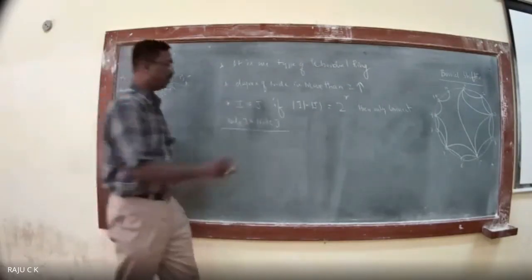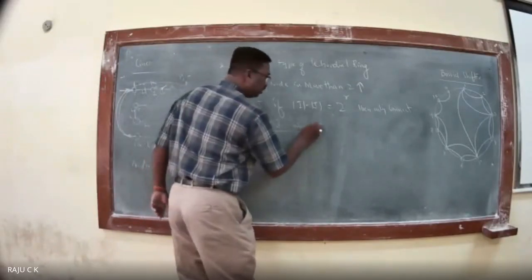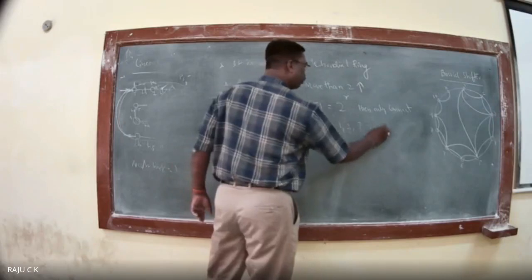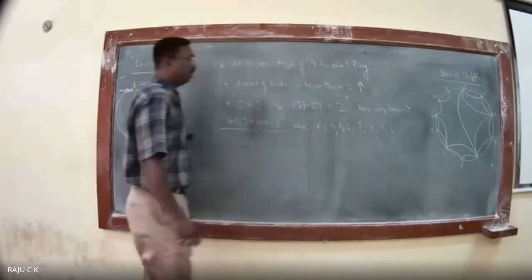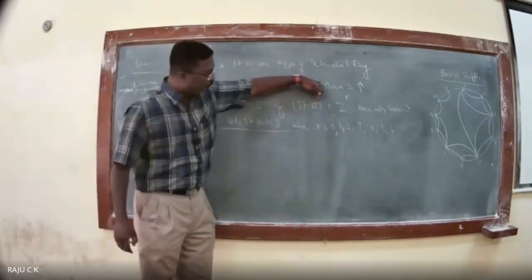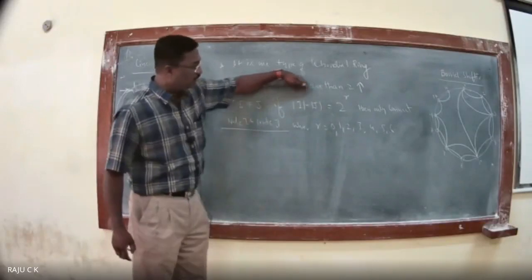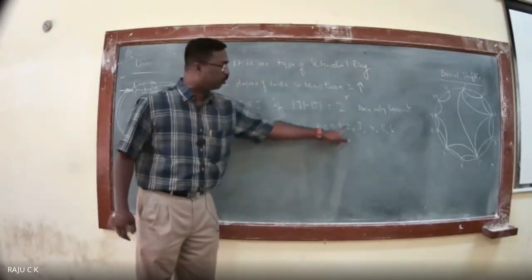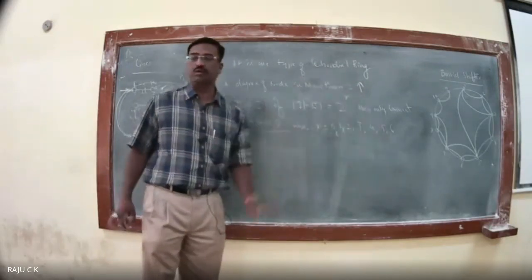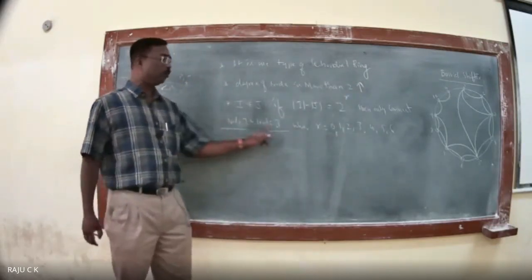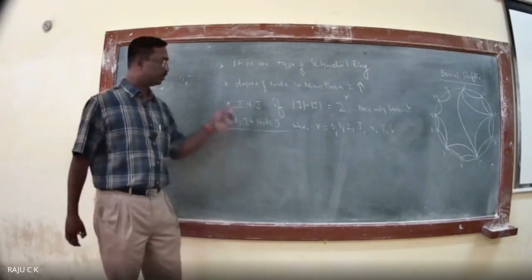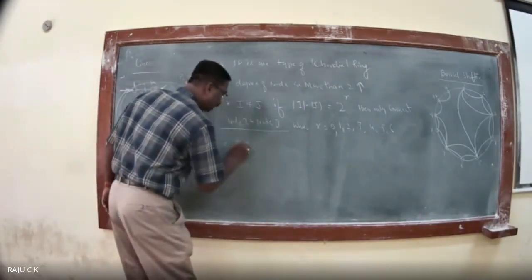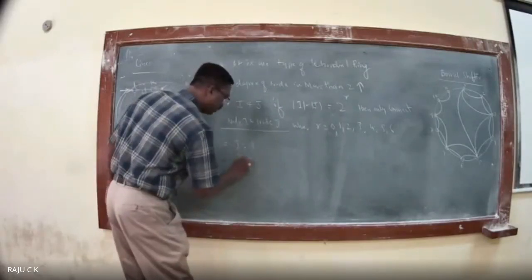Here R is equal to 0, 1, 2, 3, 4, 5, 6, like that. If the difference between node number J and I is 2 to the power of R, then only we can connect node I and J. Suppose I is equal to 1 and J is equal to 3.